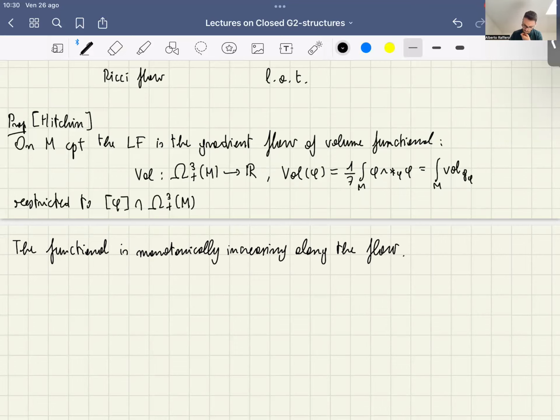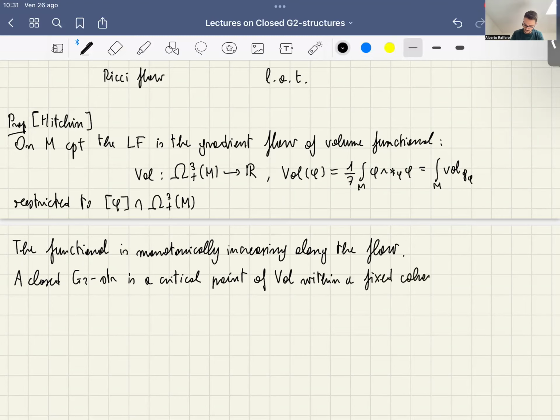And moreover, what we have is that a closed G2 structure phi is a critical point of the functional within a fixed cohomology class if and only if it is torsion-free.